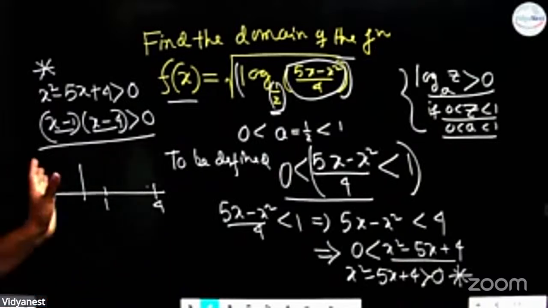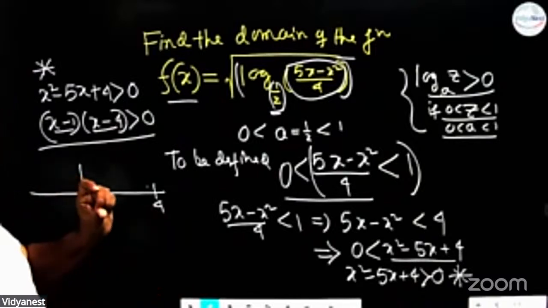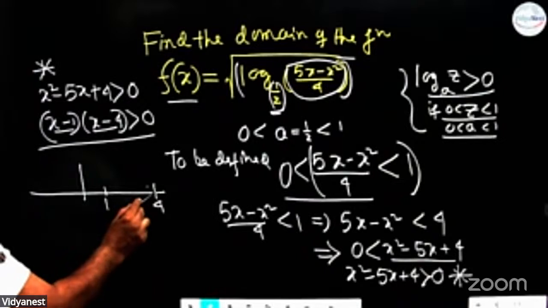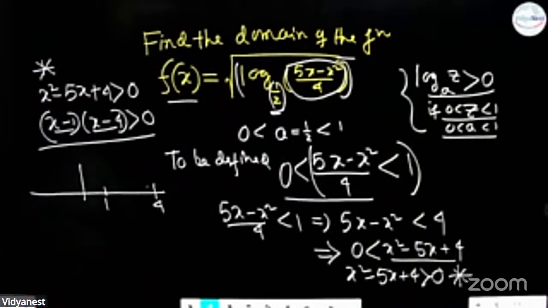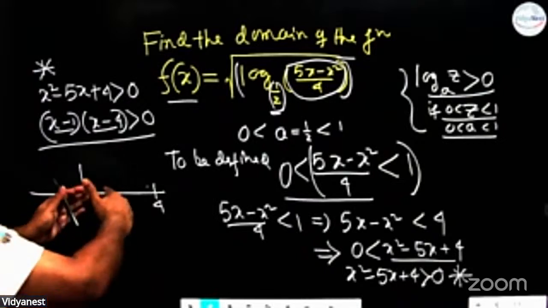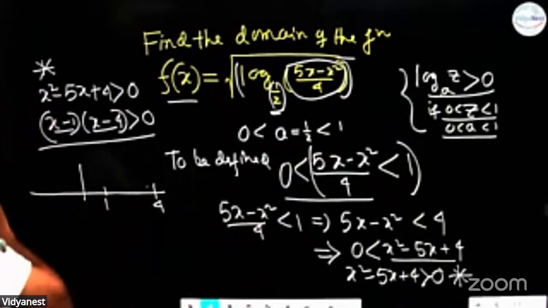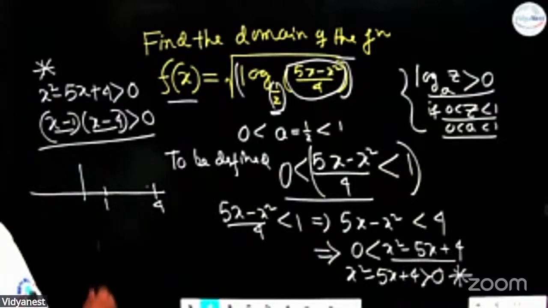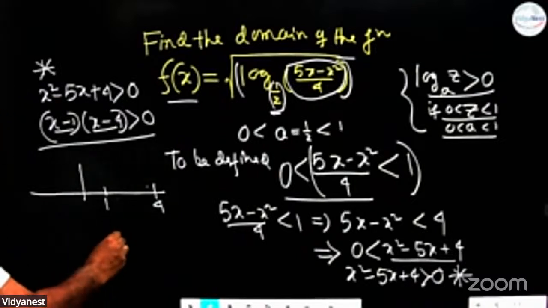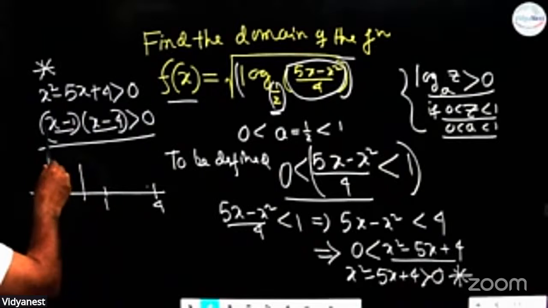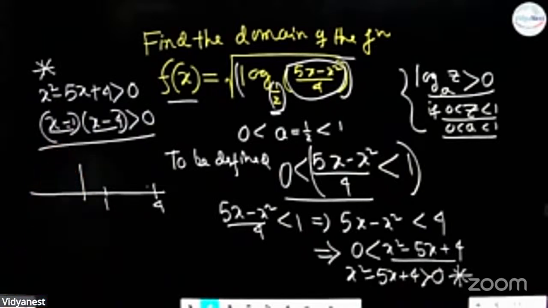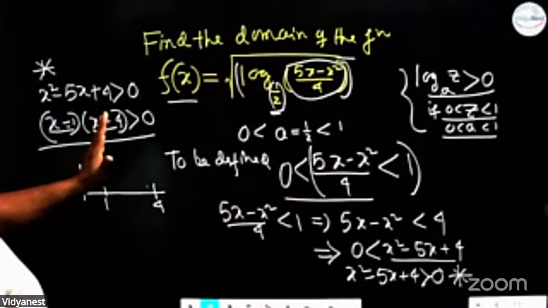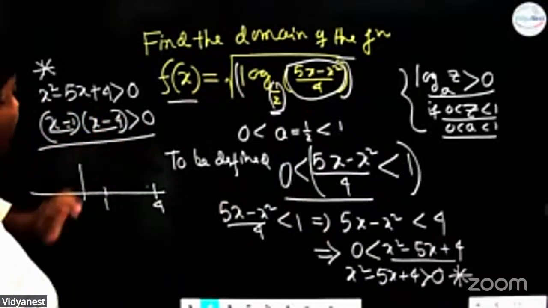Now the question is whether the chosen value of x will lie between 1 and 4 or anywhere outside that region. To examine that, you choose any arbitrary value between 1 and 4, say 2, and put it here: 2 minus 1 will be 1, 2 minus 4 will be minus 2, so 1 times minus 2 is negative, but the given condition is positive.